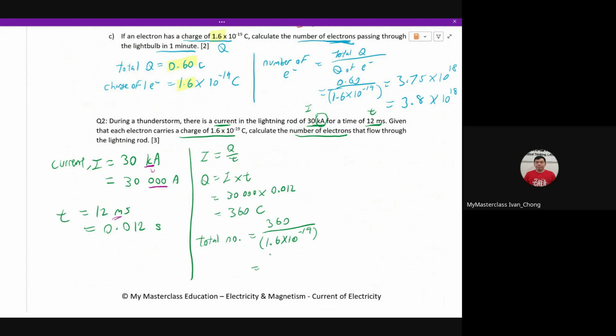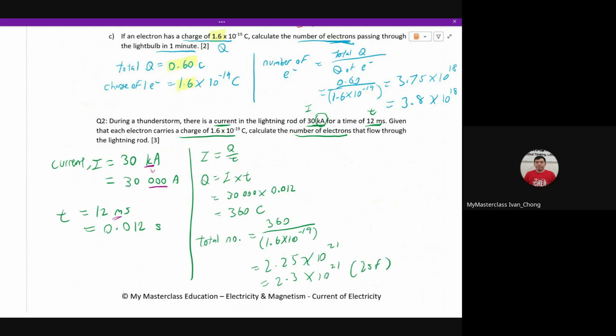So you end up with 2.25 times 10 to the power of 18. No, sorry, it's even bigger. It's 2.01 times 10 to the power of 21. And if you notice over here, you have 360, you can treat it as 2SF or 3SF, but the 1.6 below is 2SF. So we will round our values to the smallest. So we'll put 2SF here.